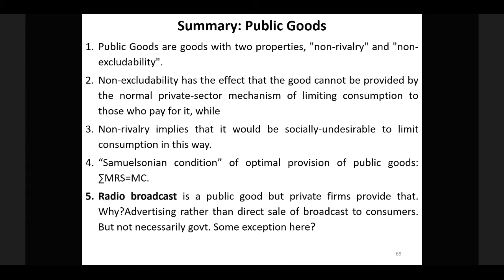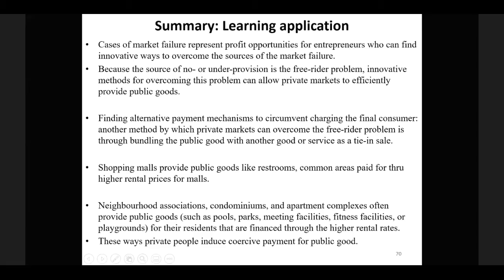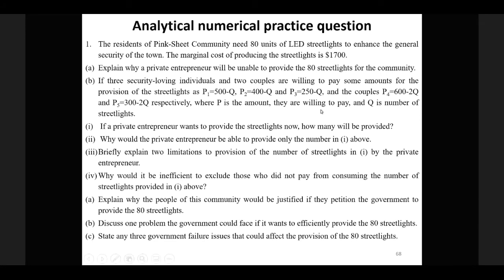So last time we were trying to explore that Samuelsonian condition, where we have some example there. So for instance, the Samuelsonian condition in solving B here will require that we add all the prices, which is the same as adding the marginal rates of substitution of the various individuals, and we equate this to the marginal cost of 1,700.